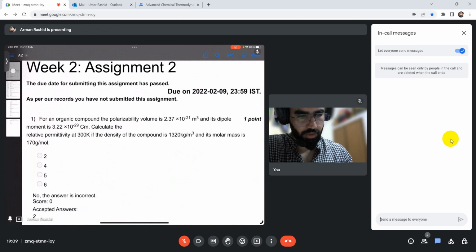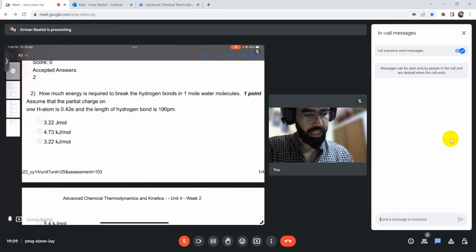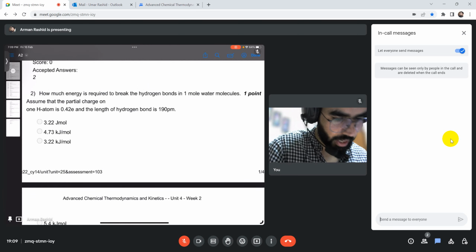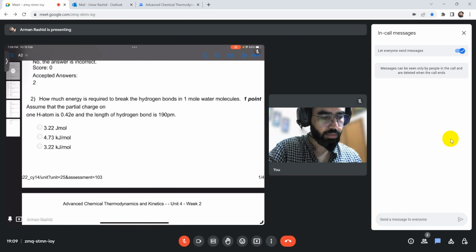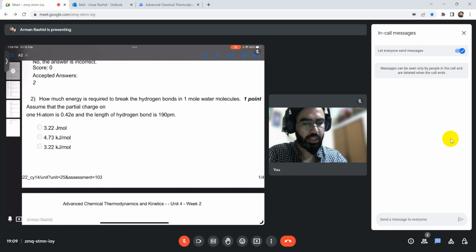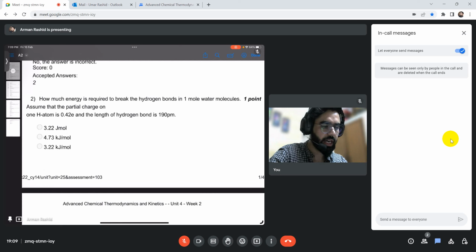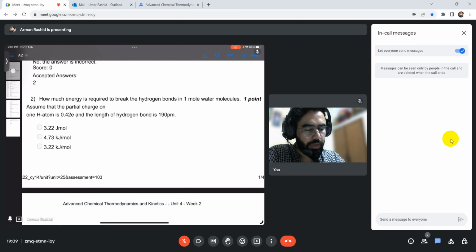Now we'll go to the second one. How much energy is required to break hydrogen bonds in 1 mole of water molecules, assuming the partial charges are given? This is regarding the intermolecular interaction. We have to determine the energy of the hydrogen bonds inside 1 mole.